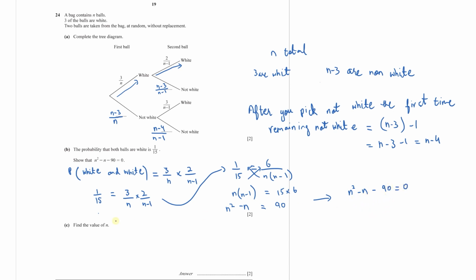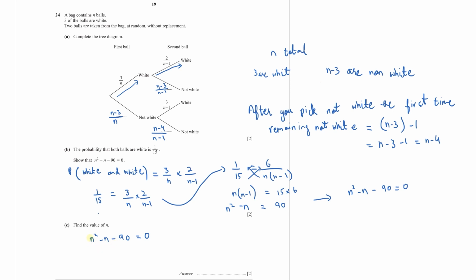So we have shown that the probability of getting both white balls, white the first time and white the second time, can be written as n squared minus n minus 90 equals to 0. And part C is find the value of n. So you have this quadratic equation that we can solve. To solve this, I will multiply this minus 90 with the coefficient here, which is 1.